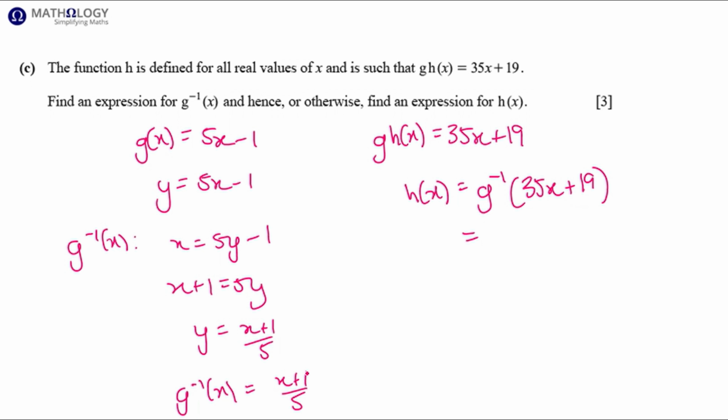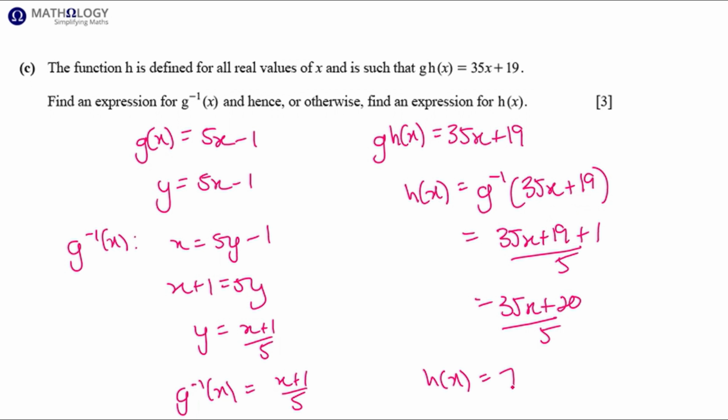So we're replacing x with 35x plus 19. So we have (35x plus 19 plus 1) divided by 5. That's (35x plus 20) over 5. H of x equals 7x plus 4. So I arrive at the same answer, just using a different approach by using the inverse of g.